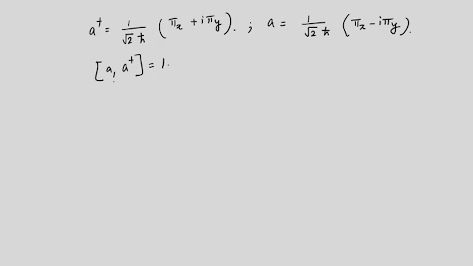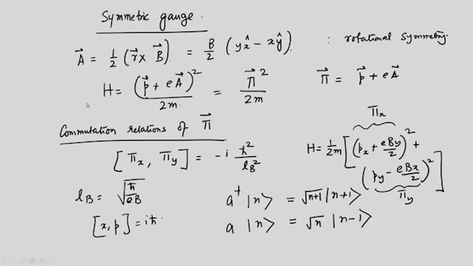Okay. So in terms of this operator, the Hamiltonian which we have written earlier, this Hamiltonian that you see here in this step. So let's call this equation 1, this equation 2, this equation 3, and this equation 4.